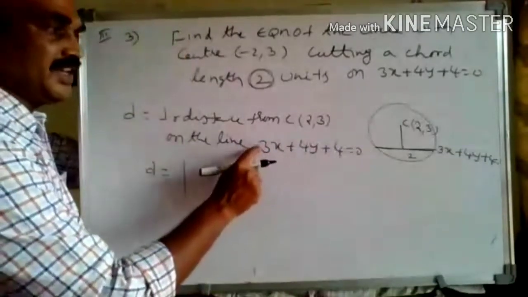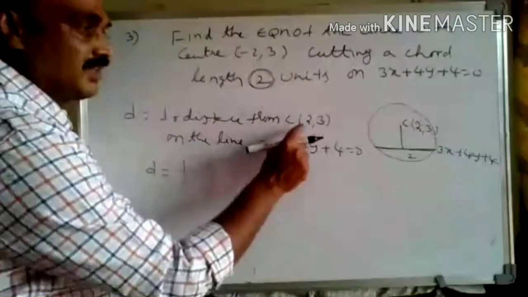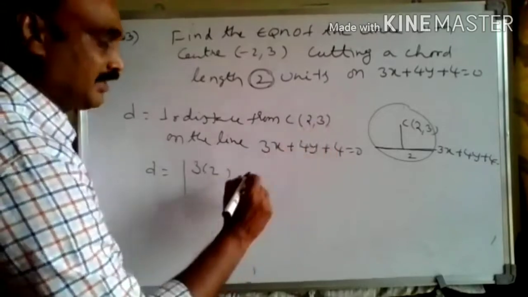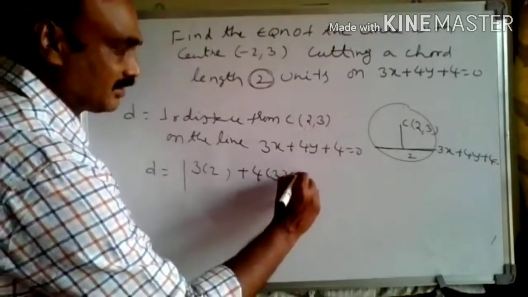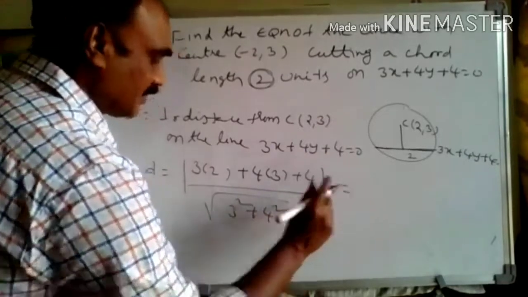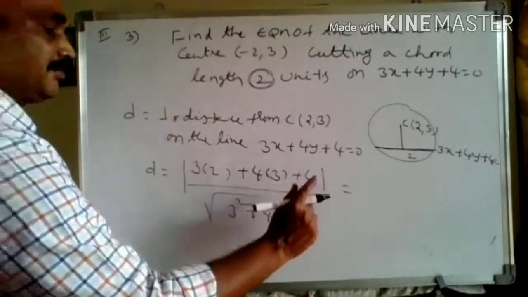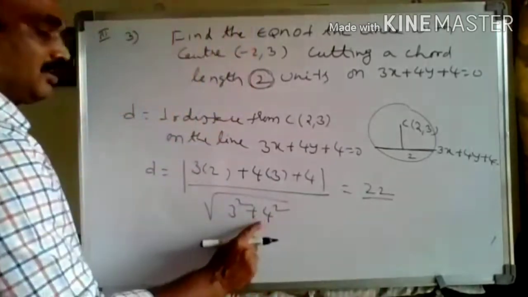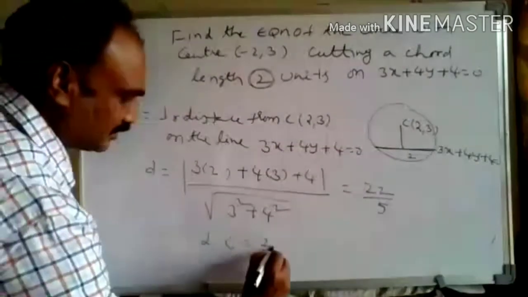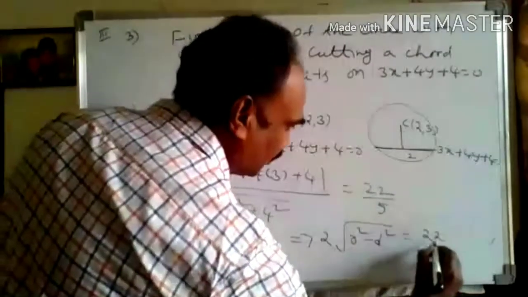Perpendicular distance is mod of ax1 plus by1 plus c by root a square plus b square. a is 3, x1 is 2, 3 into 2, b is 4, y1 is 3, 4 into 3, plus c is 4, by root of 3 square plus 4 square. 3 2s are 6, 6 plus 12 is 18, 18 plus 4 is 22, 22 by root 25, d is equal to 22 by 5.